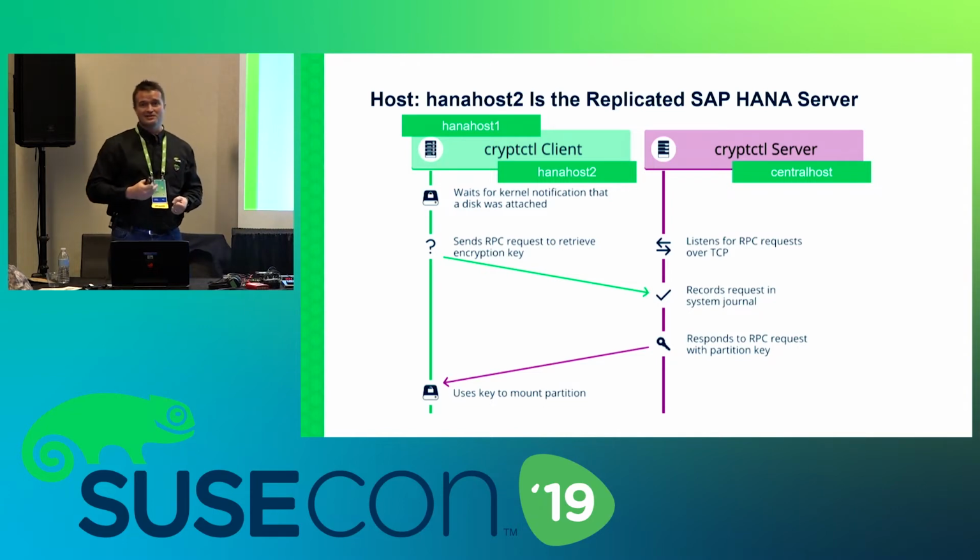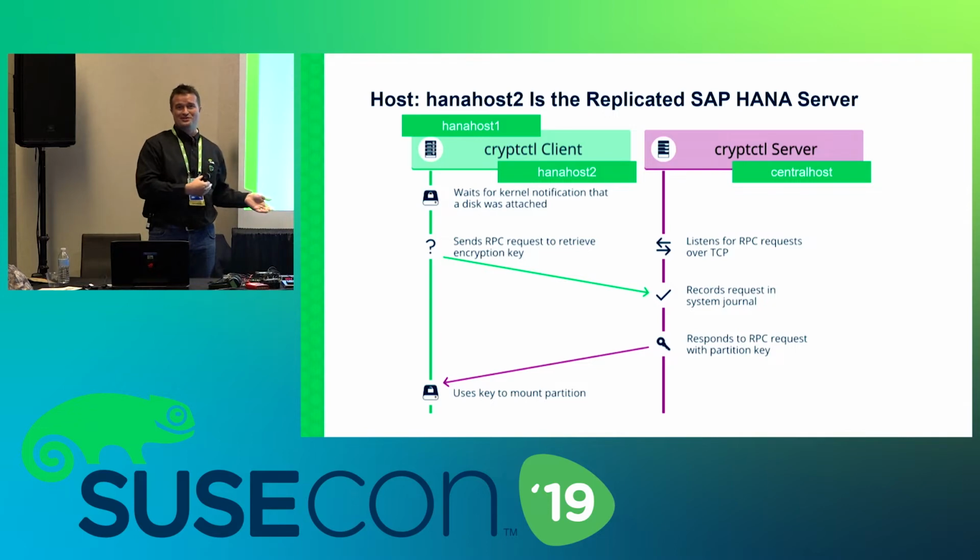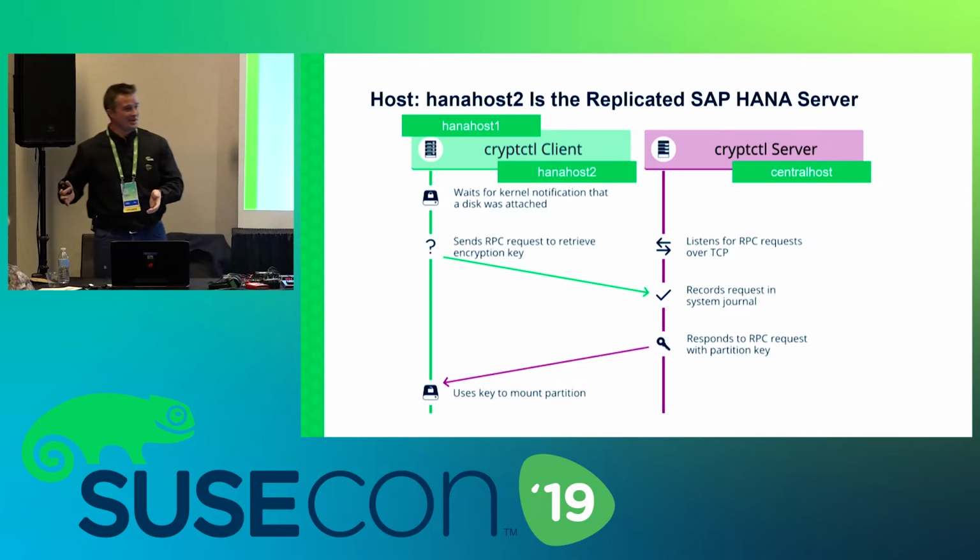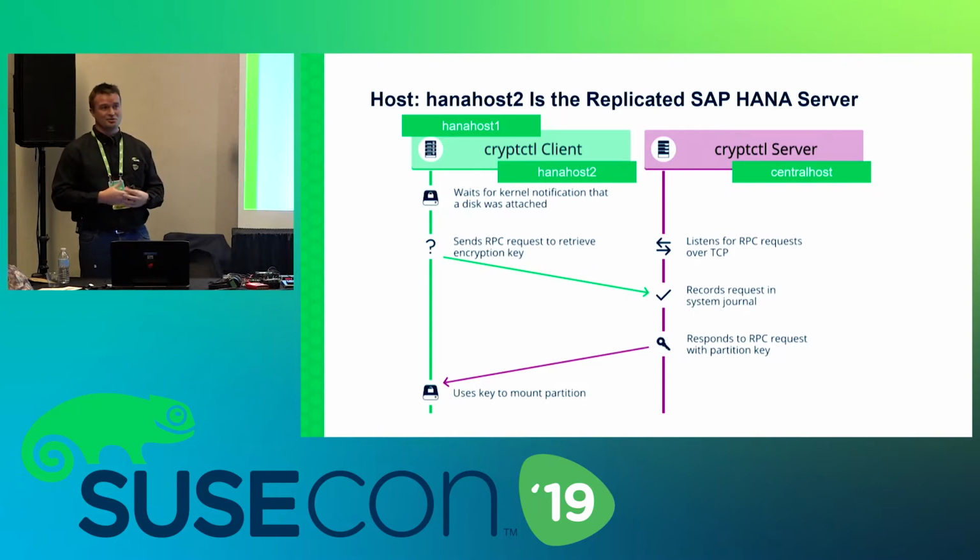If it can't find this key, then of course it can't unlock the drive. So it's one way to secure your data on the drive. Imagine if someone stole that server, the scenario I started off with in South Africa, the whole server got stolen. As soon as they boot it up, everything on that server would basically be scrambled. It would be garbage for them. They won't be able to utilize it if they had Crypt-CTL installed.